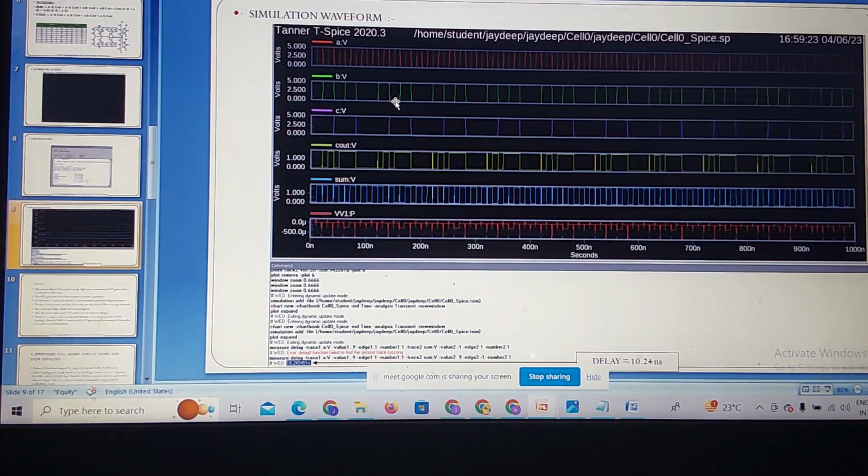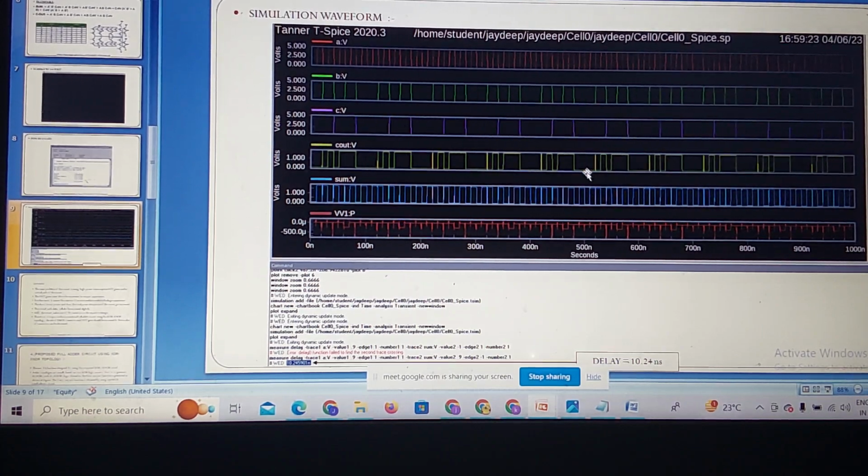You can see the waveform of the full adder circuit. A, B, C are the three inputs, and sum and C out are the outputs. If we put A as 1, B as 0 and C also 0, the three inputs are 1 0 0, and we get sum as 1 and C out as 0.